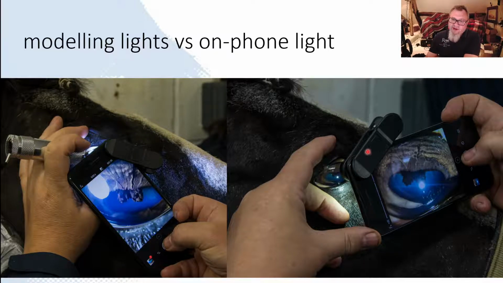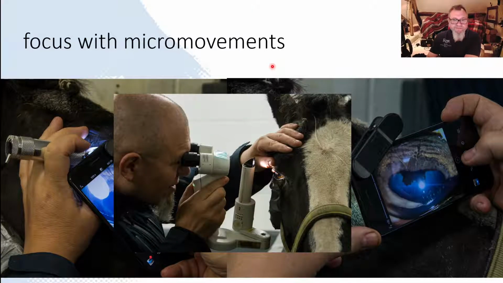When we use the same phone but use the light which is on the camera itself, we can still get a lovely photograph, but it's much less three-dimensional. But it's also a bit easier to use. You don't have to fiddle around holding the light. So we often prefer to use modelling lights. They give you a much more three-dimensional view, but the on-phone light is easier because you don't have to manhandle a second instrument.